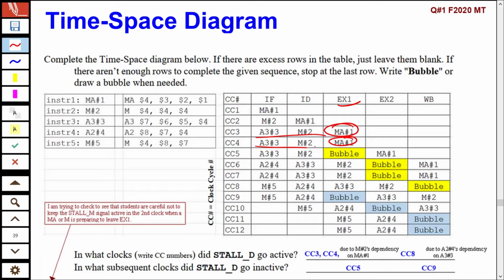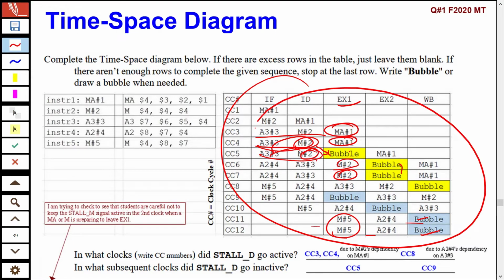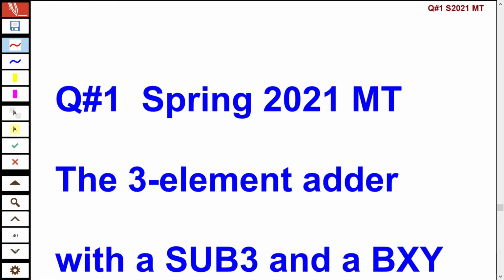Now M2 says, I want to stall him, so this is causing this stall. So I want to remain here, and thus because of the dependency. Again, M2 guy came and wait there. Then somebody came here and made everybody stall. So you should be able to fill some time space diagram like that. Okay.